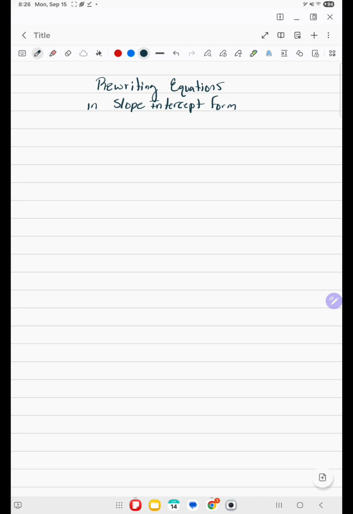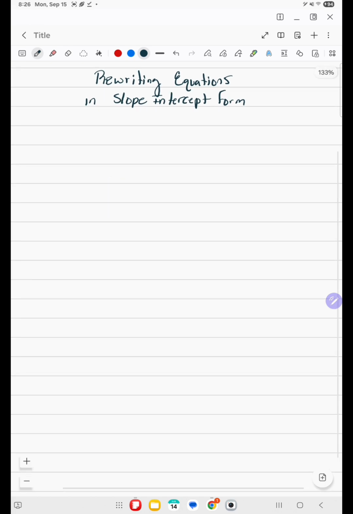And let's just remember that slope intercept form is when you get y by itself.